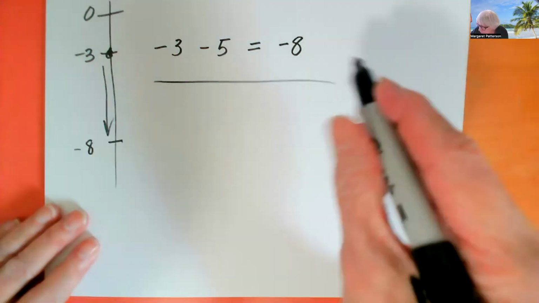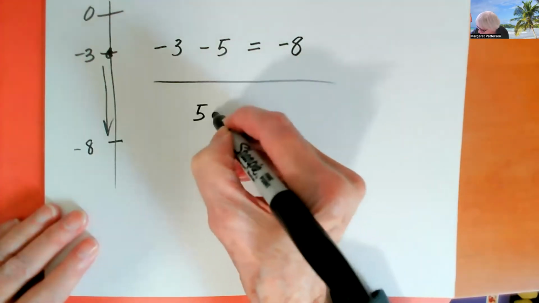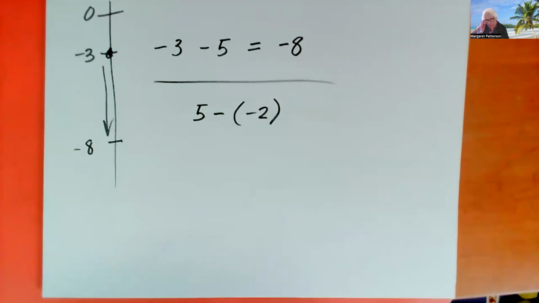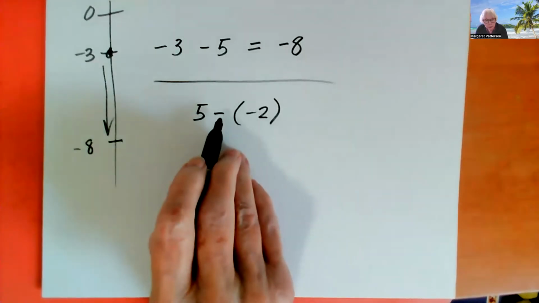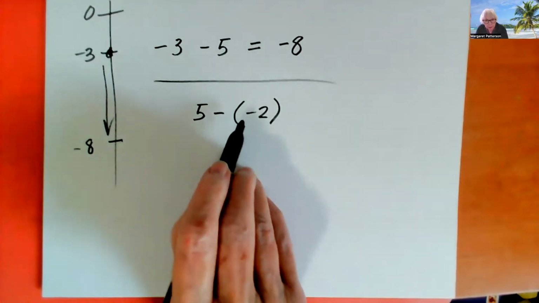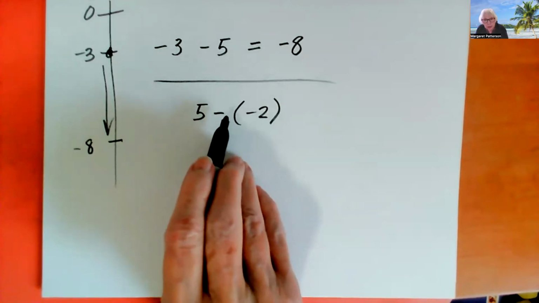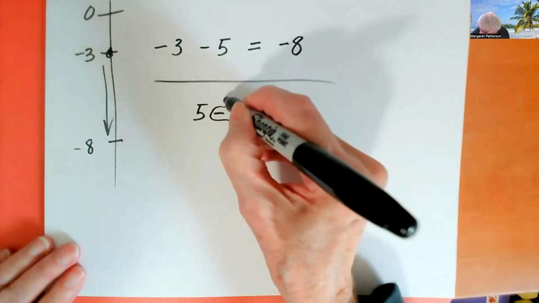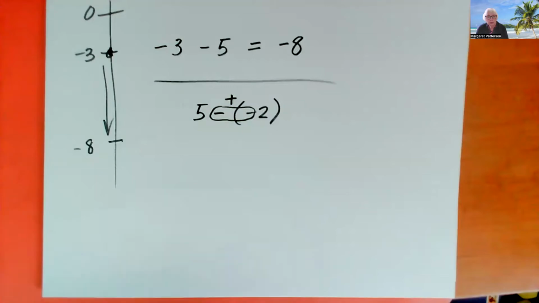Let's try this one. 5 subtract -2. This is clearly a subtract problem. But the 2 subtracting a negative, I think in the end, it's going to be adding the opposite, which is +2.